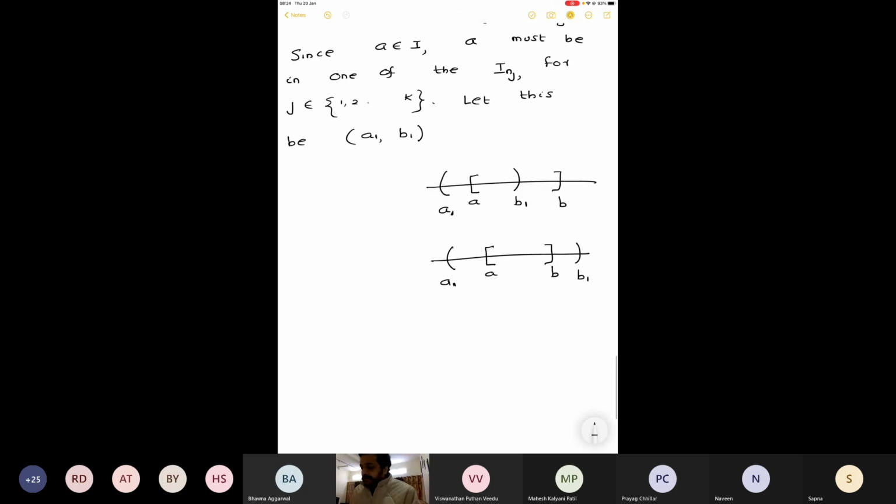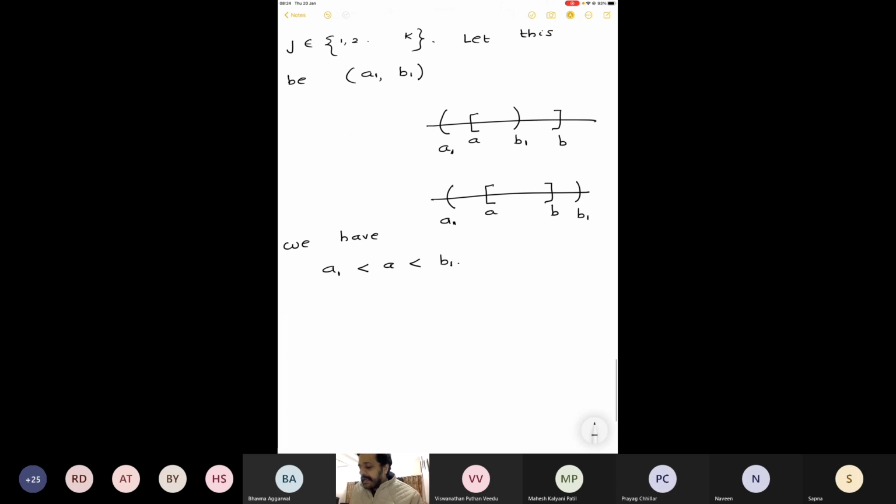We have a1 less than a less than b1. This much I know. Whether b1 is less than b or b is less than b1, I cannot confirm. But let us suppose b1 is less than or equal to b. This case I am considering; I will not talk about the second case now.